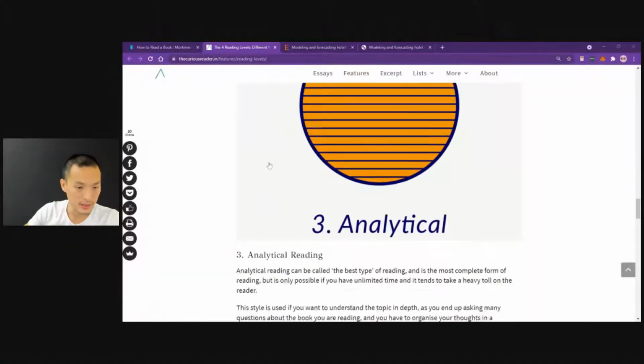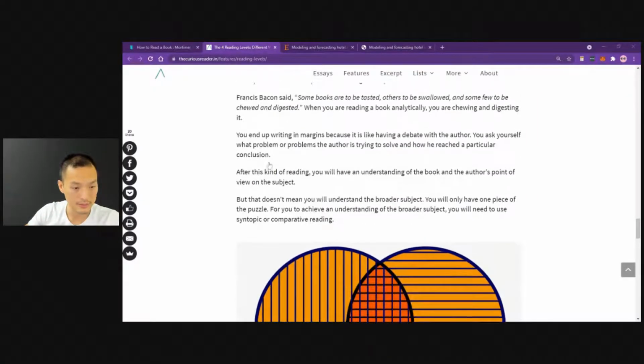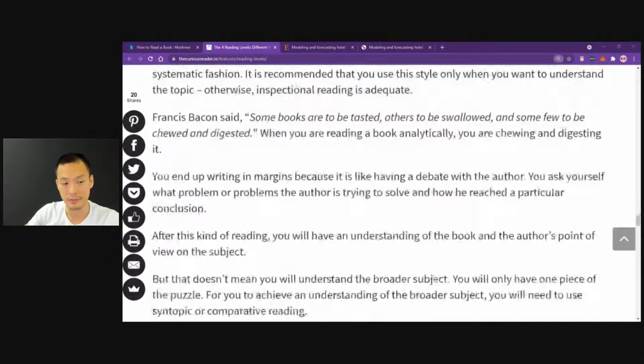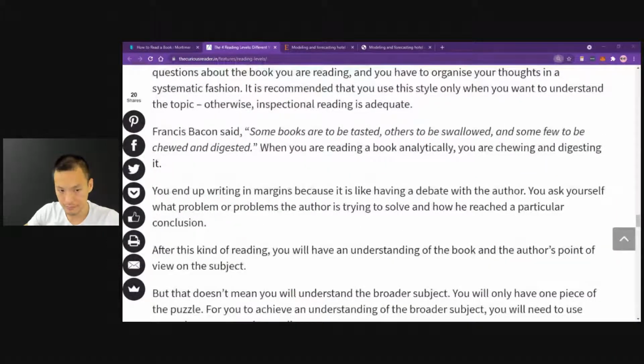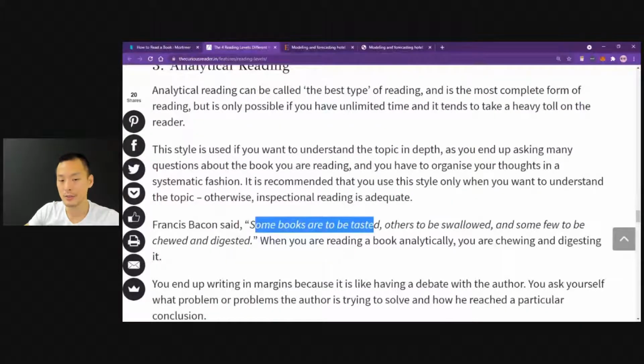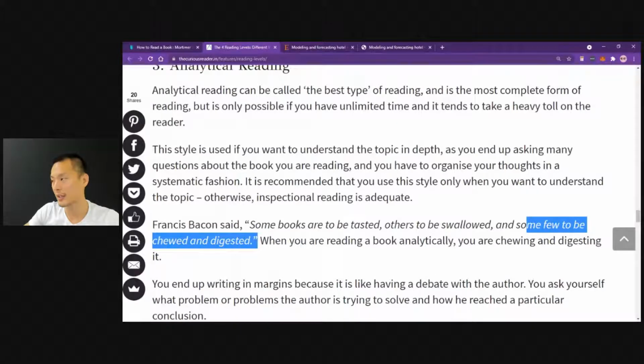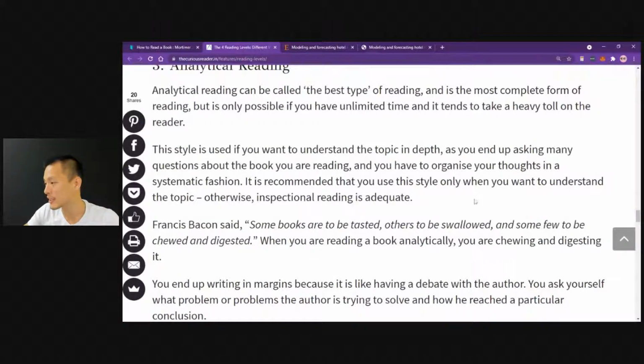And there's a quote in this article, which I really like, by Sir Francis Bacon. Right? He said, "Some books are to be tasted, others to be swallowed, and some few to be chewed and digested." Right? So food analogy here, right? Some food you just want to eat quickly. Right?